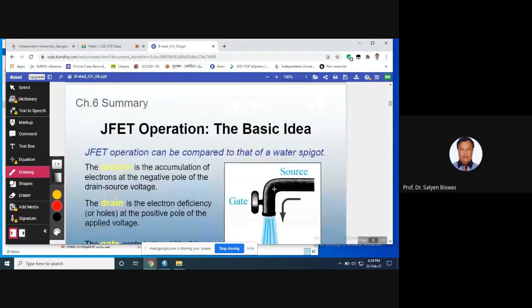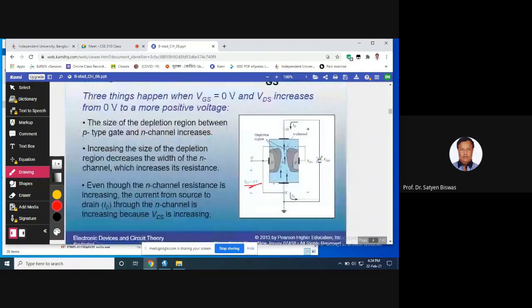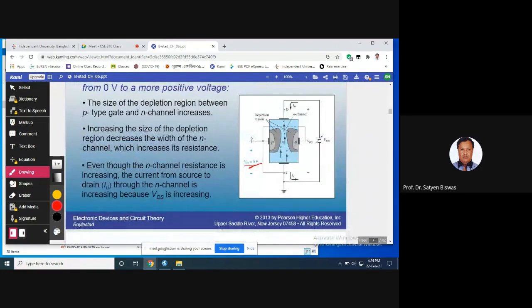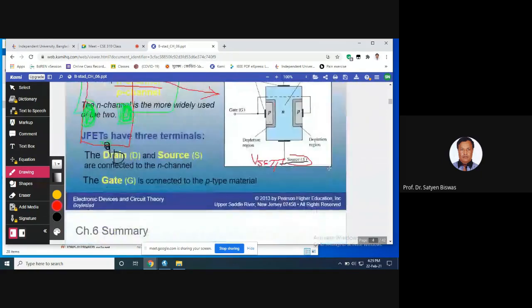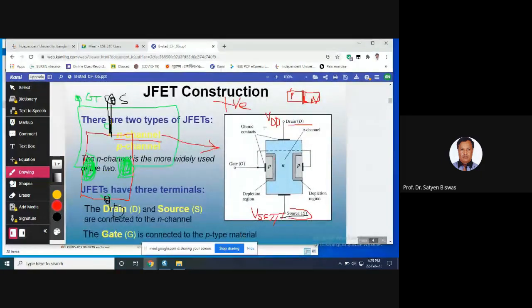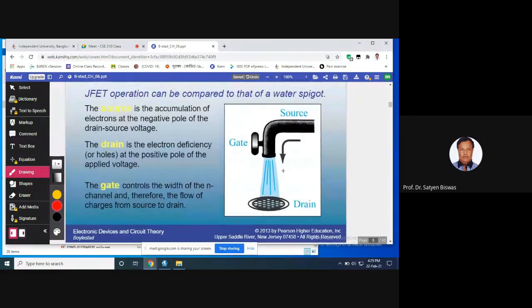Now in this case, the gate voltage is still 0, but for the drain, I already mentioned, the drain should be the positive voltage and the source should be the negative. You see here, drain will be VDD, positive voltage, and source will be negative voltage because of the electrons. We need electrons, right?